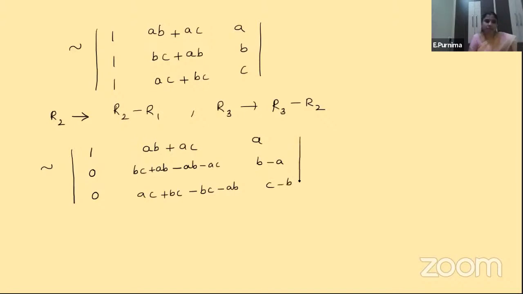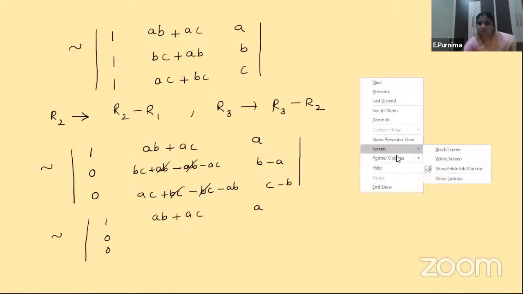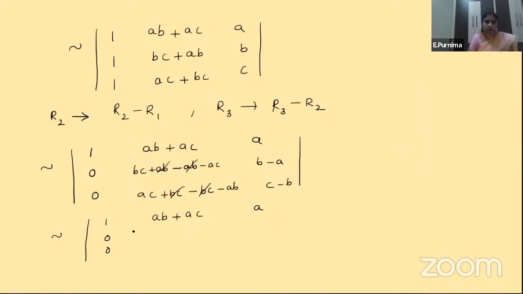Now AB is cancelled, BC is cancelled. So what is left here? 1, 0, 0, and AB plus AC, A. Here BC minus AC is there, children, so we can take C common.